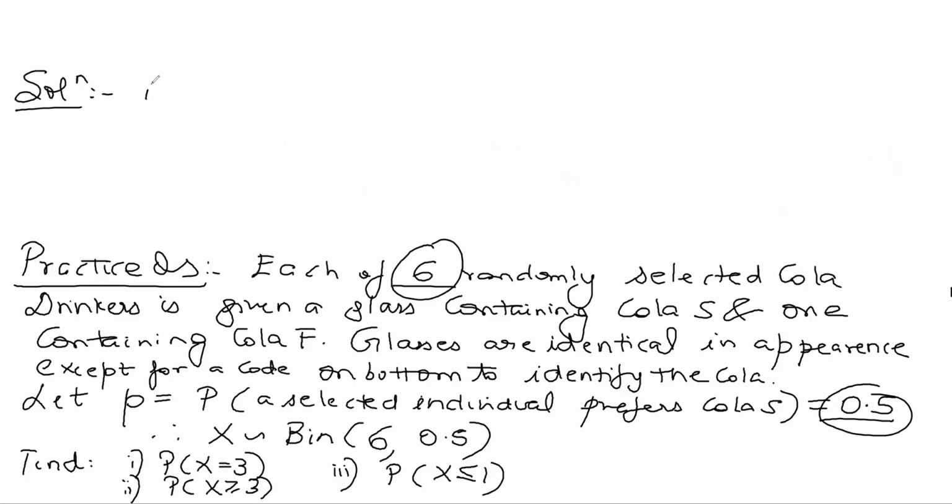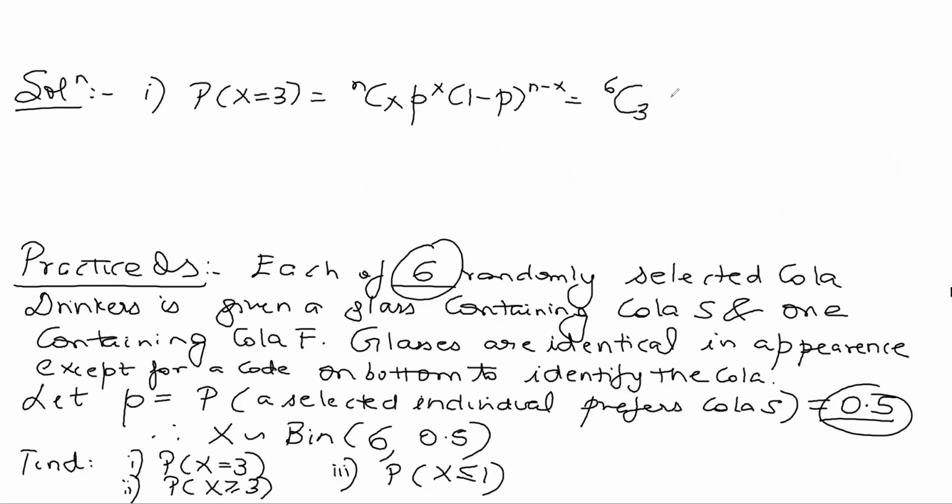So if I have to find the probability of x equal to 3, that will be nCx p to the power x, 1 minus p to the power n minus x. That will be n is how much? 6. X is how much? 3. P is how much? 0.5 to the power 3, and 1 minus 0.5 is 0.5 to the power 6 minus 3, which is 3.